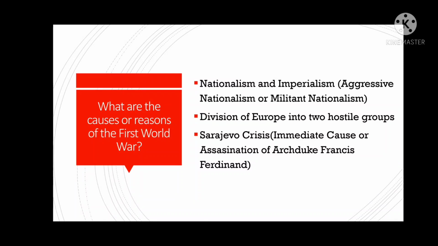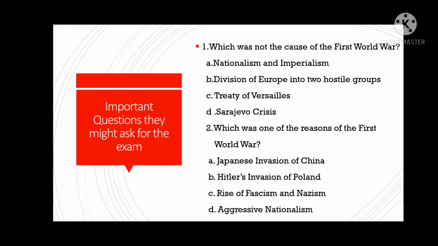Second cause is division of Europe into two hostile groups. And the third one is the Sarajevo crisis, also known as the immediate cause of the First World War or assassination of Archduke Francis Ferdinand.